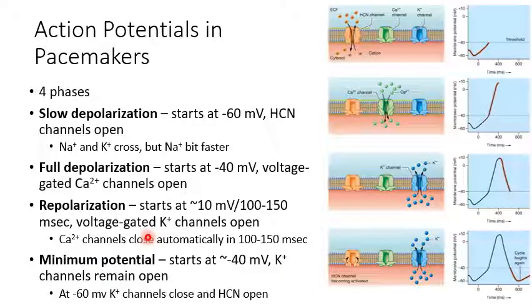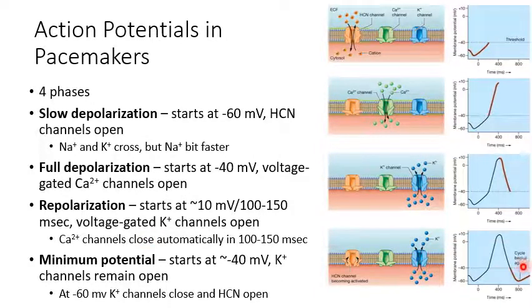When you get back to around negative 40 millivolts, then the minimum potential phase will begin as the HCN channels open. So during the minimum potential phase, the potassium channels are still open, so you still have potassium leaving the cell, and your HCN channels have also opened, which means you have some potassium leaving through those channels and some sodium entering through those channels.